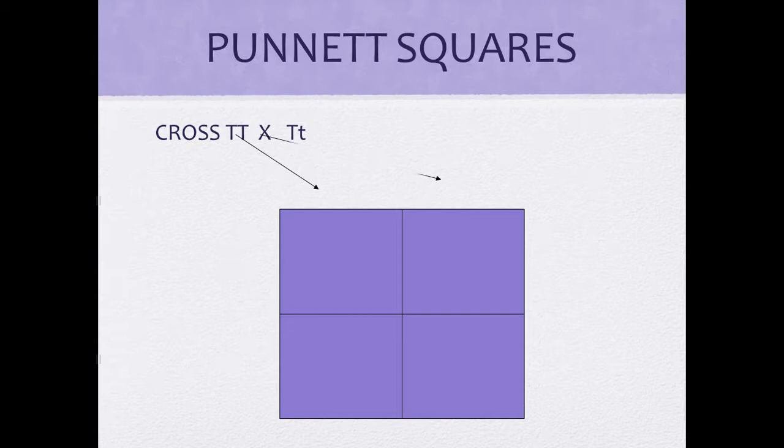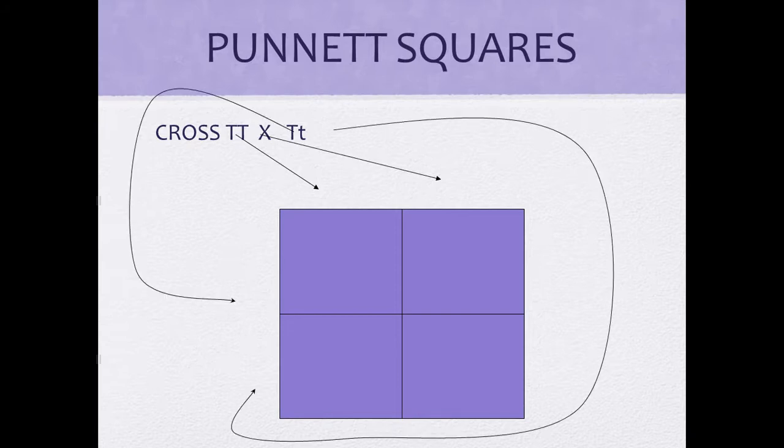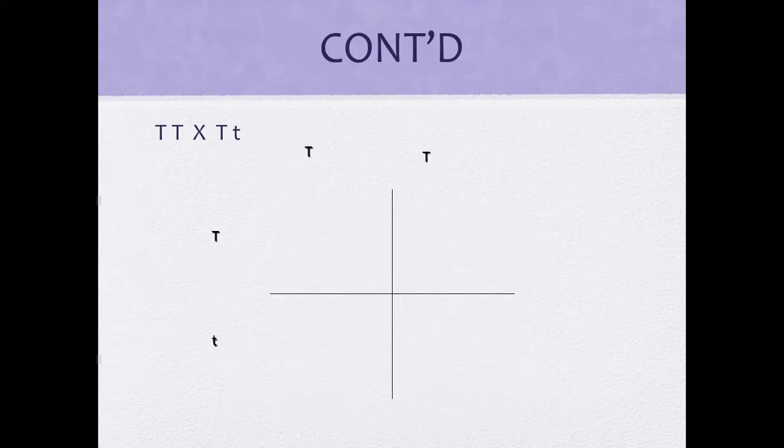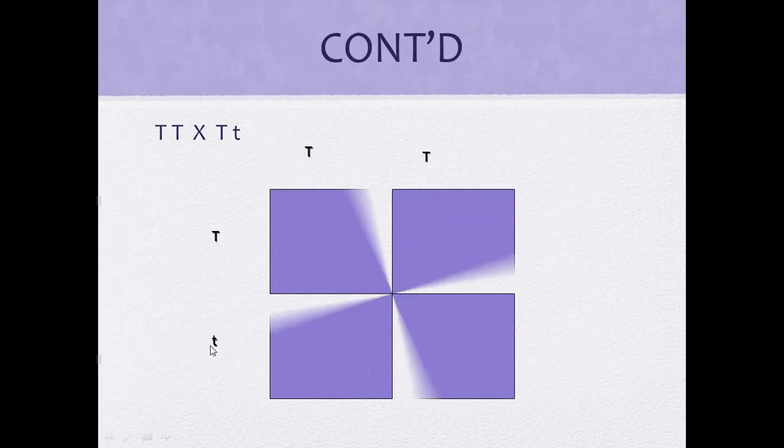So we take a big T and the other big T on top, and then on the side you put big T and little t. When I say you put them there, you actually write them there. This is what it would look like. The parents are big T, big T, and big T, little t, and those go over the Punnett square that you created.